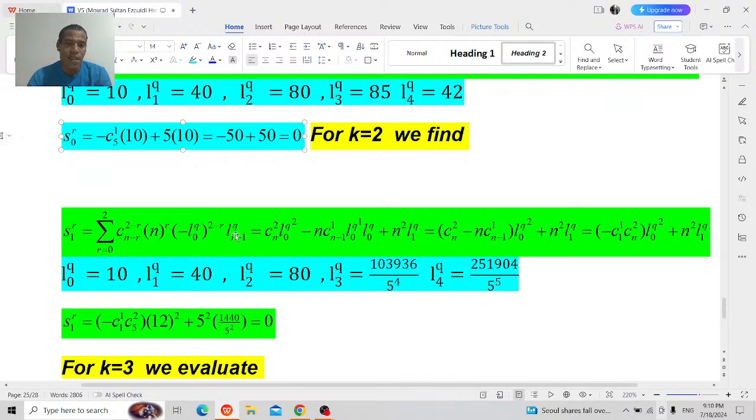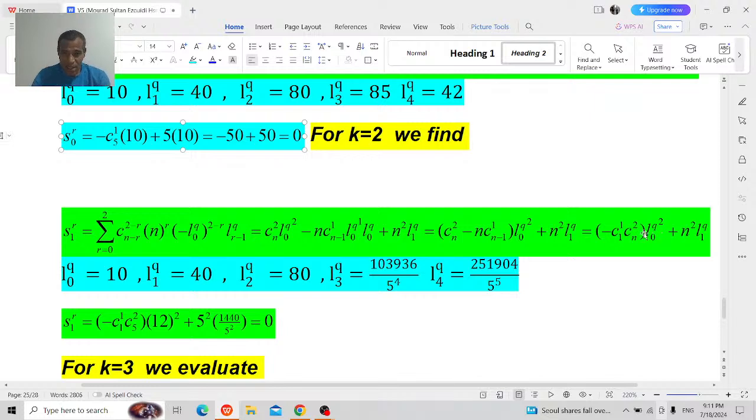After developing and simplifying, we will obtain the last one, learners, which is negative combination n choose 2 times l0 of the q squared plus n squared l1. This s1, written in terms of combination, l0 of the q, n and l1, is the general formula. And this has been developed by me, of course.